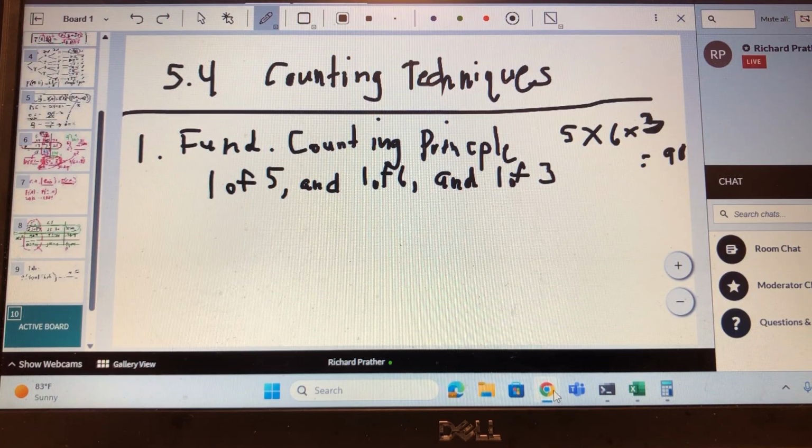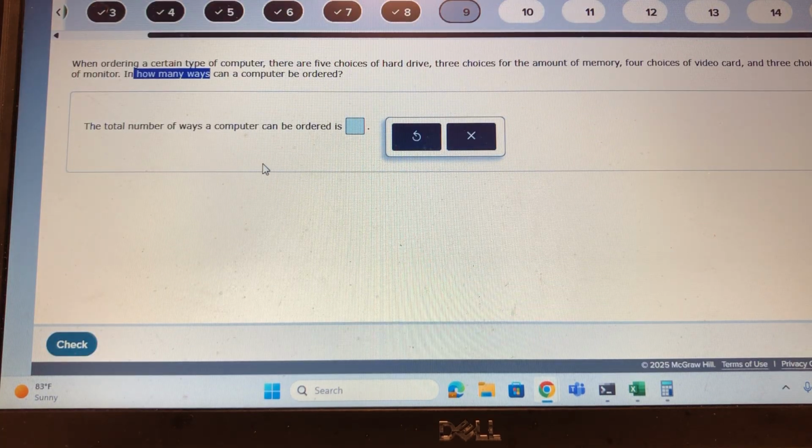That's what's happening on this problem. I have to choose 1 of 5 hard drives and 1 of 3 memory cards and 1 of 4 video cards and 1 of 3 monitors. See, it doesn't say 1 of, but you can imagine that that's there. Nobody has 3 monitors or 4 video cards, so you're choosing 1 of them.